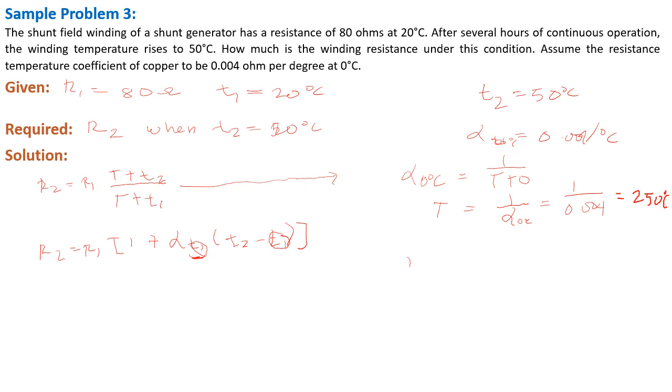Now, if you notice, you can use this formula now. So you get R2 is equal to R1, which is 80 ohms, times the quantity T, which is 250 now, plus T2, T2 is 50 of course, over 250, which is T, plus 20 degrees Celsius.